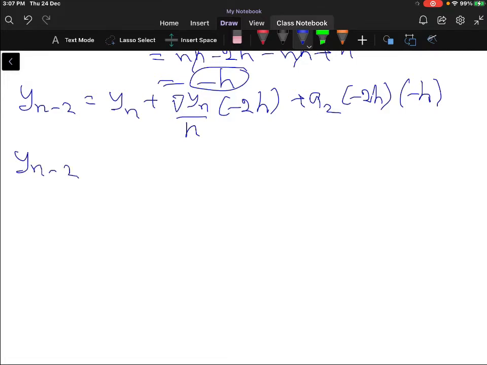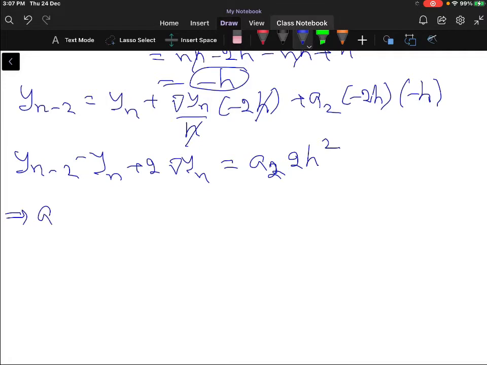So this implies yn minus 2 minus yn goes to the LHS, that becomes minus yn; h and h cancel, that is minus 2 times nabla yn, which goes to the LHS and becomes plus 2 nabla yn, equal to a2 into h squared times 2, that is 2h square.